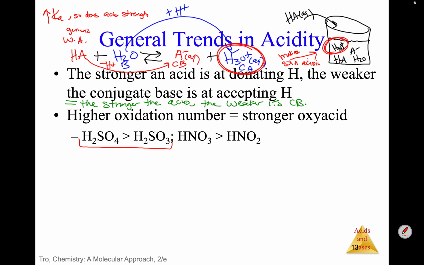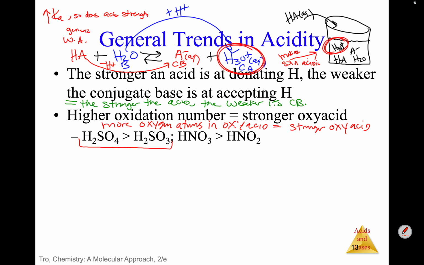I think a more direct way to think about it is: more oxygen atoms in an oxyacid equals a stronger oxyacid. Again, within a series, so I can compare H2SO4 and H2SO3. I cannot compare H2SO4 and H2CO3. Everything has to be the same except for the number of O's.